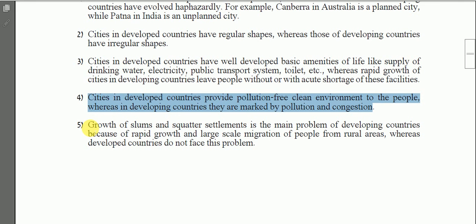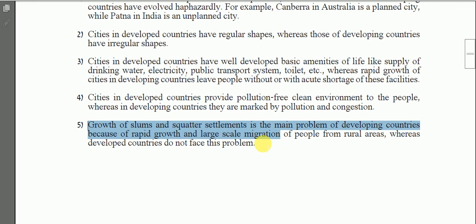And the last point of difference is given here. Growth of slums and squatter settlements is the main problem of developing countries because of rapid growth and large-scale migration of people from rural areas, whereas developed countries do not face this problem. So in the cities and towns of developing countries, we have shanty colonies and slums of dilapidated houses and poor amenities, mainly because of rapid rural to urban migration.